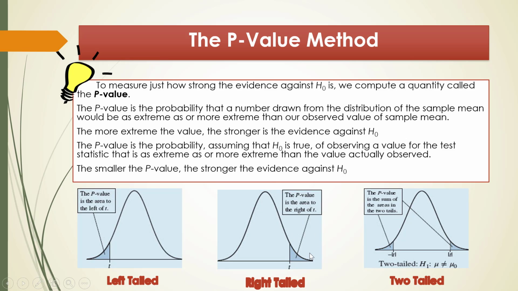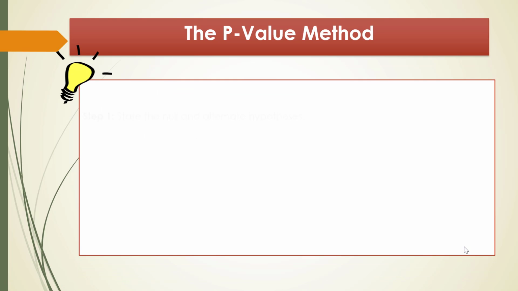For the right tail, the p-value is the area to the right of the test statistic under the student t distribution curve. And for two tails, once you have the test statistic, if it is positive, you have to find its negative. If the test statistic is negative, you have to find its positive, and mark them both on the picture. So the p-value is the area of the two tails.